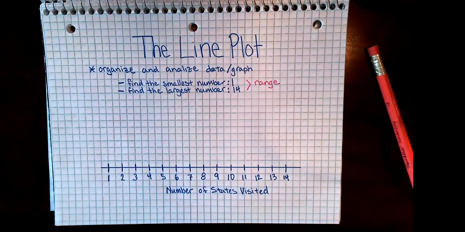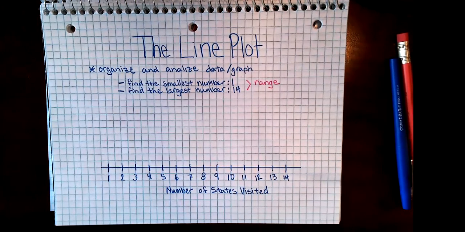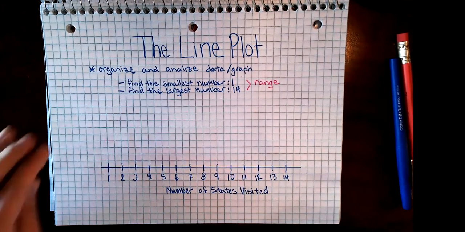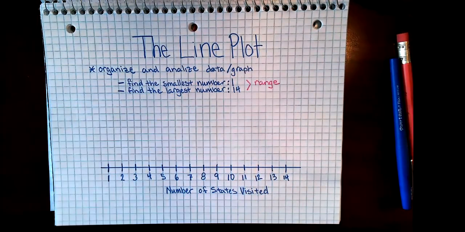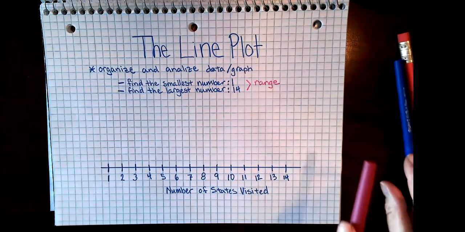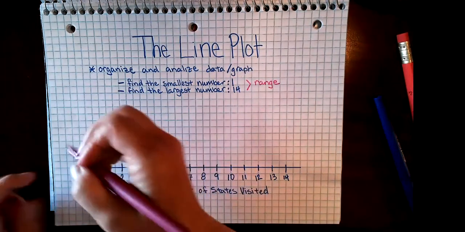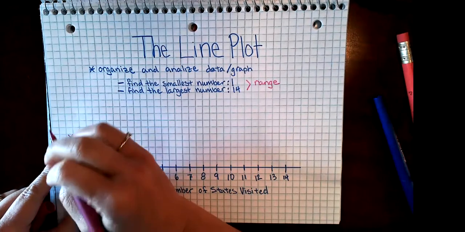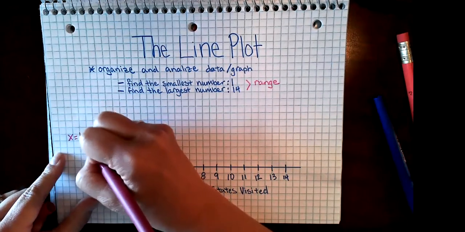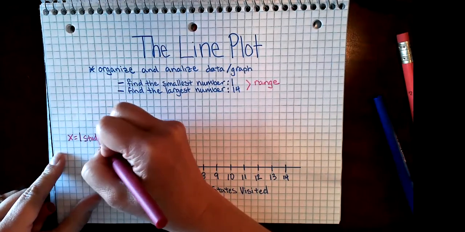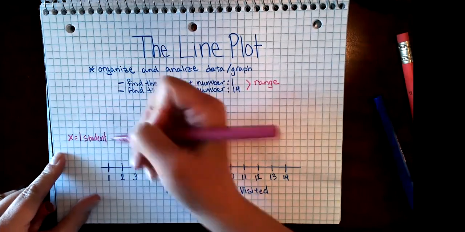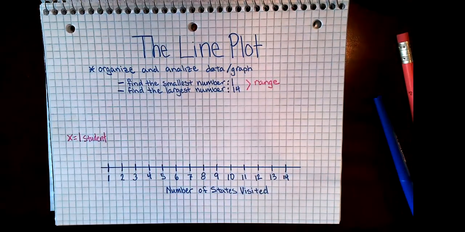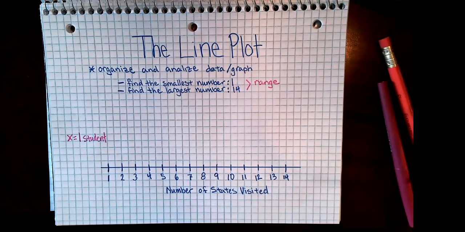Now I'm going to go ahead and use a different color so I know that I'm labeling parts of this graph. First we need to put our key. What does the X really mean? The X means one student. And like I said in the video, that means one student visited that number of states.